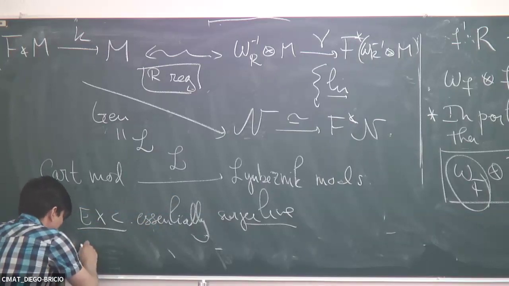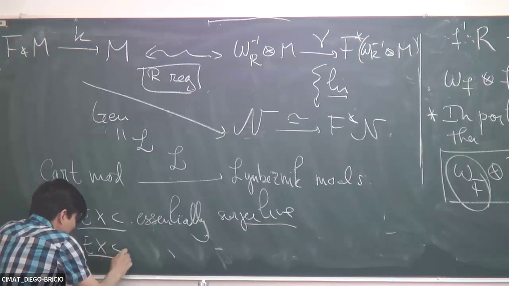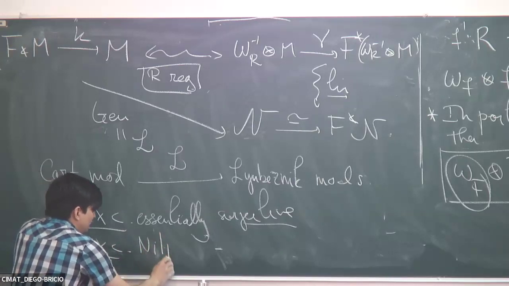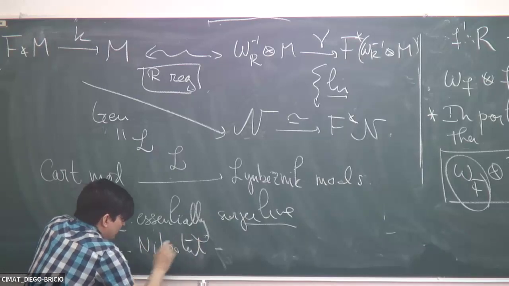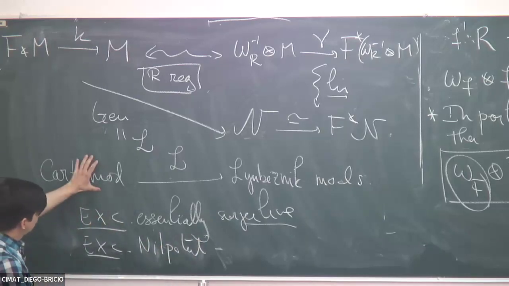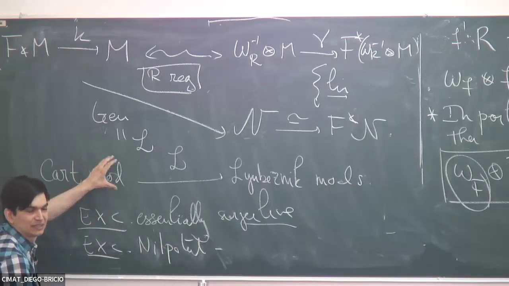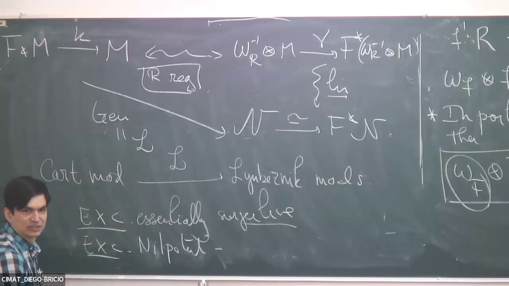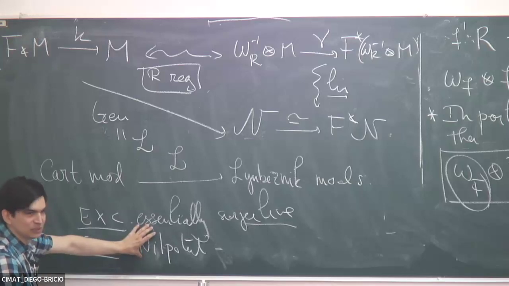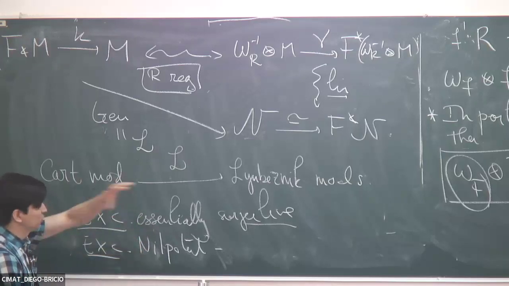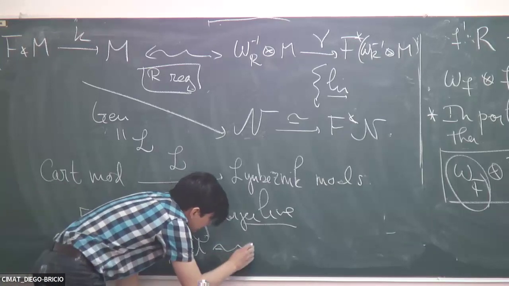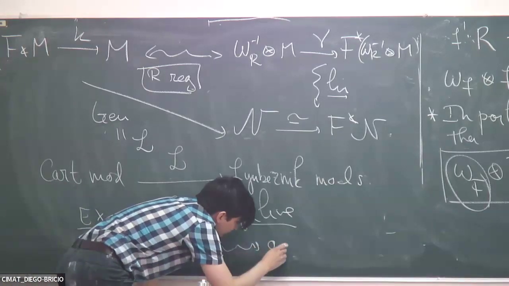Okay? If you have the nilpotent Cartier modules, remember that this forms a subcategory here. That is the category we use to localize this category to get the Cartier crystals. So this whole subcategory goes to zero. It collapses to the zero vesting module.